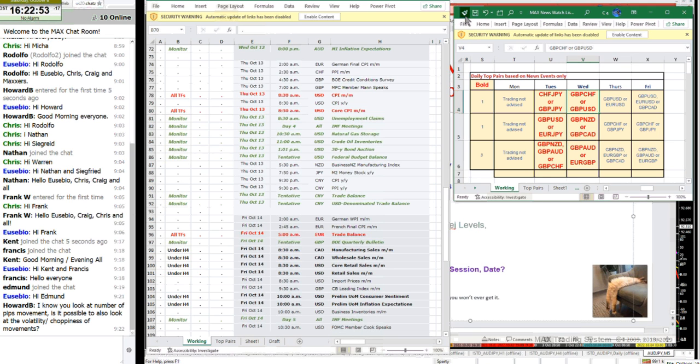Then pound yen, Swiss yen, pound Swiss. You already have pound yen and pound Swiss, and then pound Kiwi, pound CAD, pound Aussie.